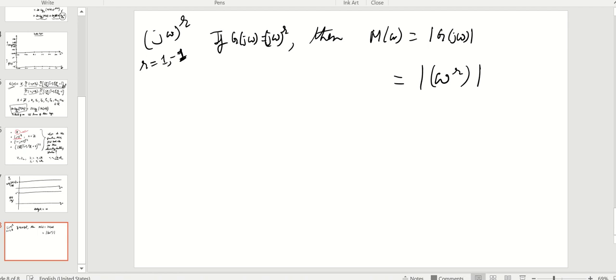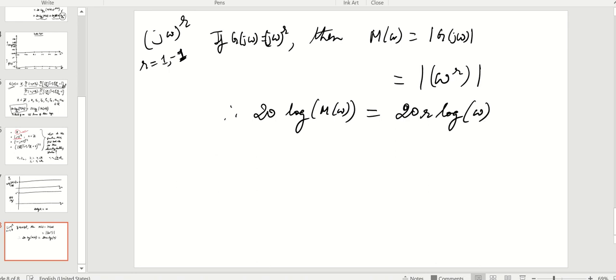This is the magnitude. So therefore 20 log of m of omega is equal to 20 r log of omega.